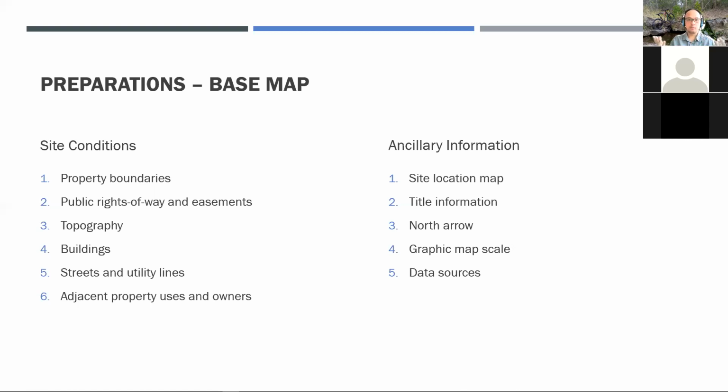A north arrow, of course, for orientation purposes, and a graphic map scale, usually one of those line scales. And then lastly, data sources. When was the site surveyed? So the date of the site boundary survey, the name of the surveyor, and other source data.